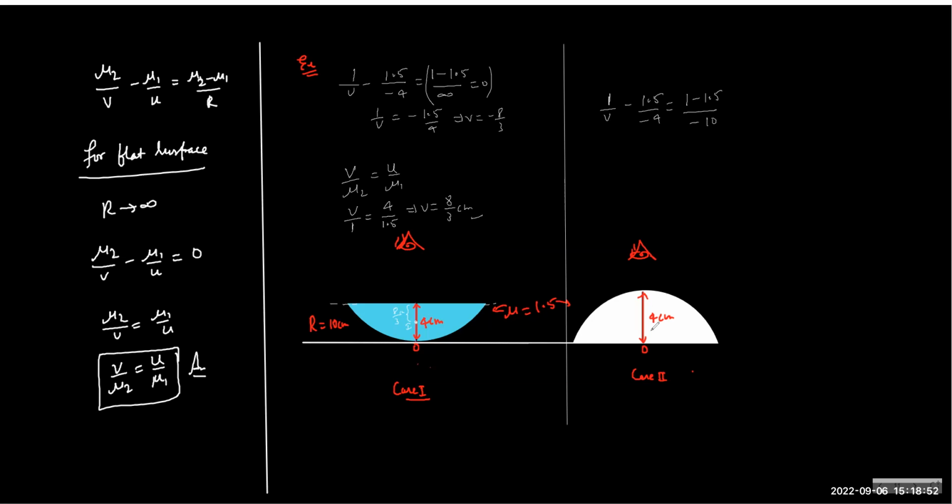Why minus 10? Because the center R is on the below side and the ray will go up. Do you realize this part? So the answer will change.